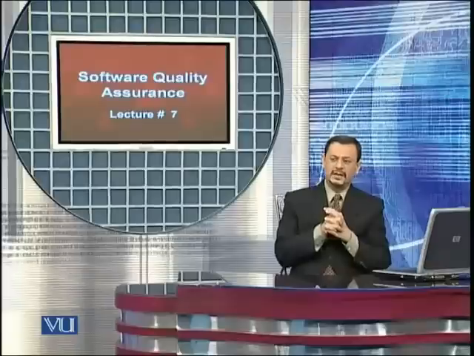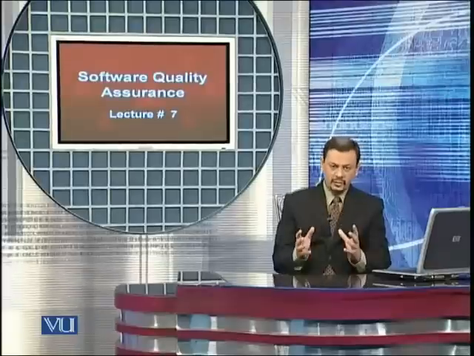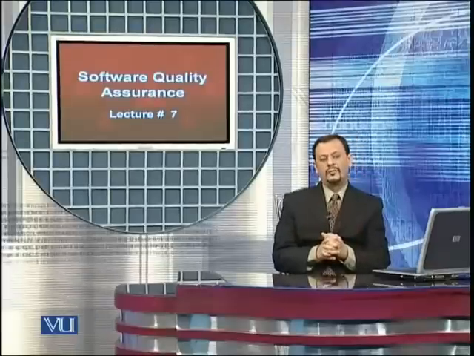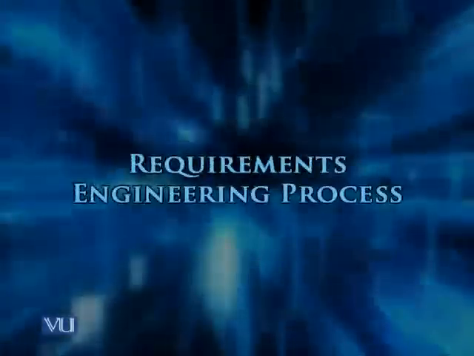This was a brief introduction of requirements, and now we will move on to the requirements engineering process and see what the requirements engineering process is, and what are the different activities, what are the different sub-processes within each of them, and then we will continue our discussion.